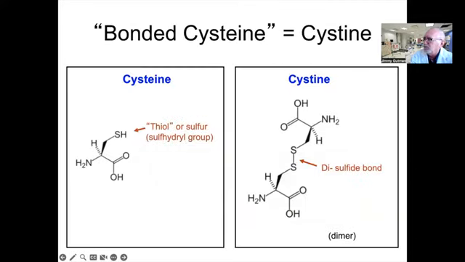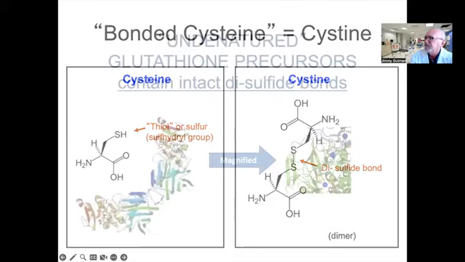So we can use the term bonded cysteine in place of cystine. Here we see the 2 molecules, and note the disulfide bond between the 2 cysteines to form cystine. I know this may at first be a little confusing, but it is important to understand. Cystine requires an intact disulfide bond.